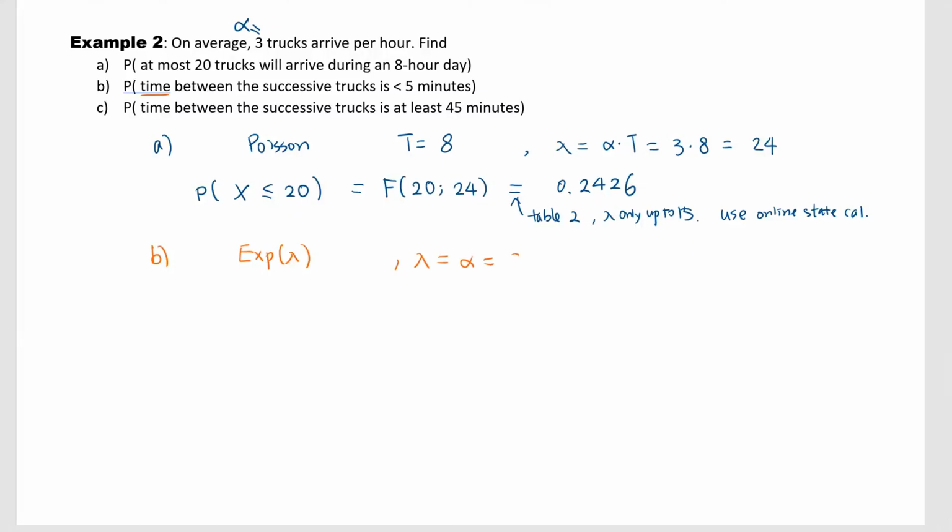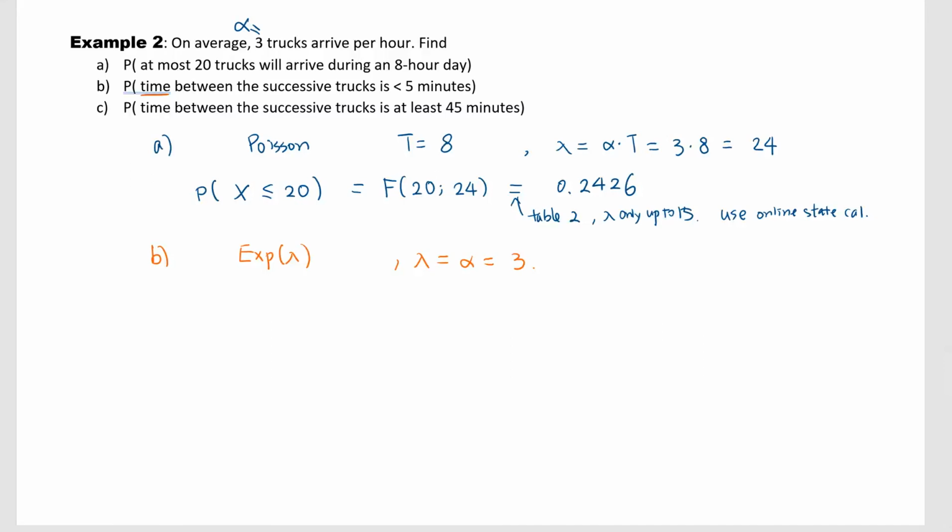So lambda is 3. For Poisson, if t is different, then lambda will change.